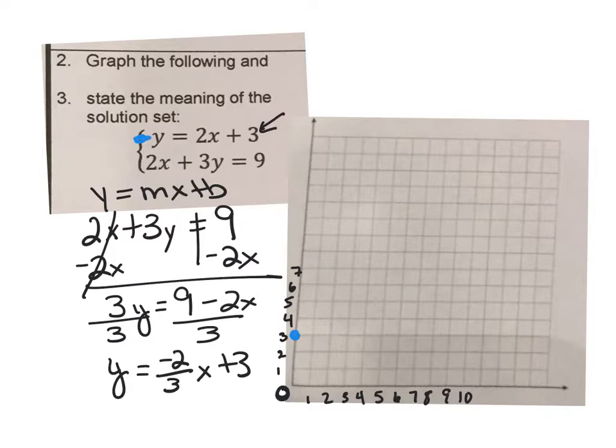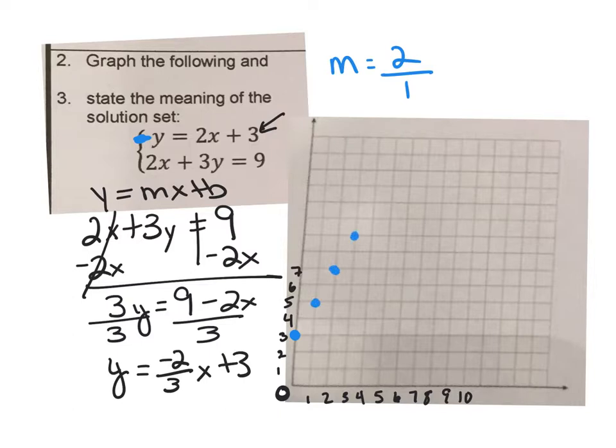So this 3 would start here, and then 2x as a slope. So if the slope is 2, for it to be rise over run, we put it over 1. So it's going to rise 2, and then it's going to run 1, and we're going to put a dot right there. So our first dot's going to go here, and then we're going to keep doing the same thing.